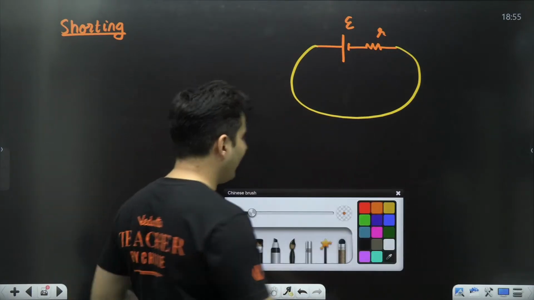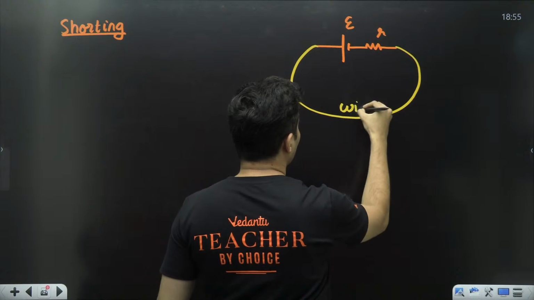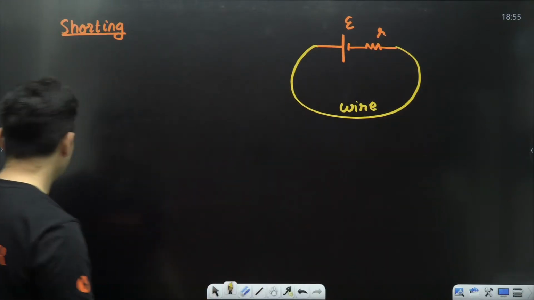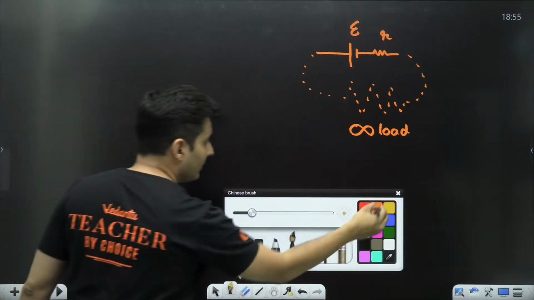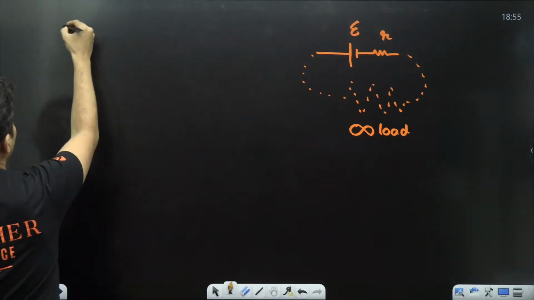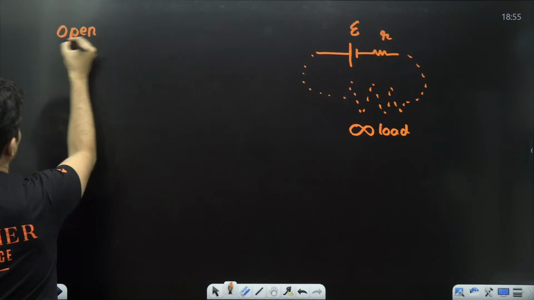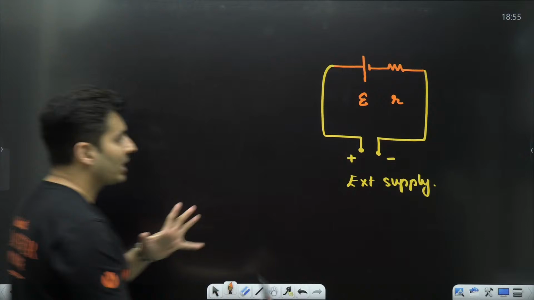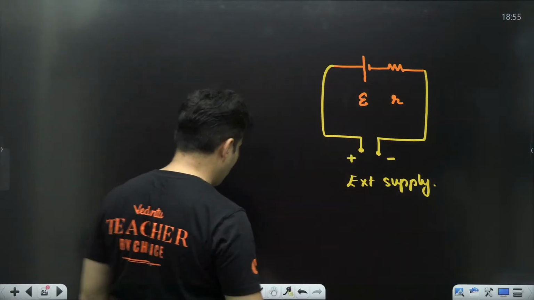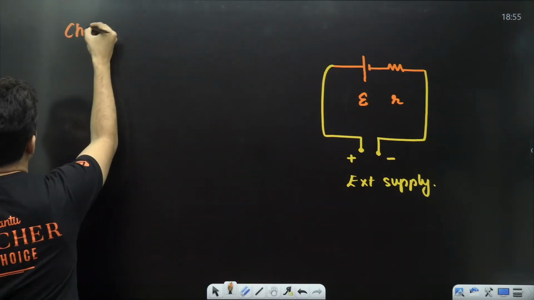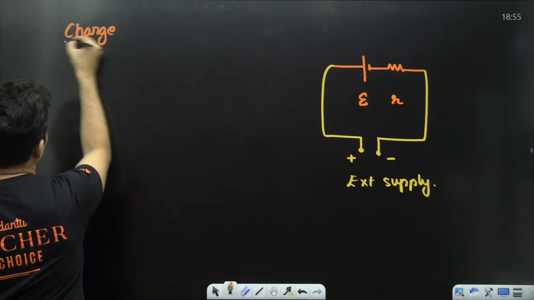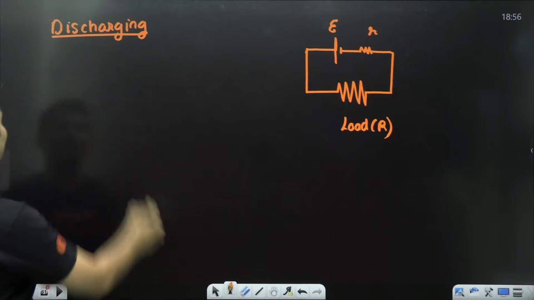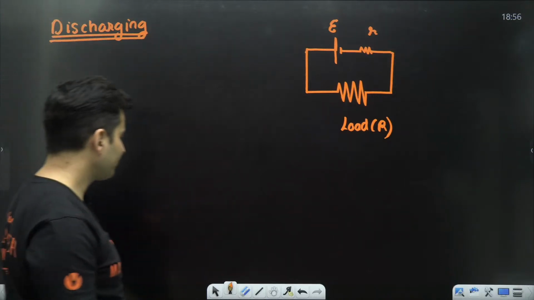That process is called shorting. Next one, this is completely disconnected. This is called an open circuit. And in this one, you're connecting an external supply to the battery. This is where you charge the battery through some external supply.